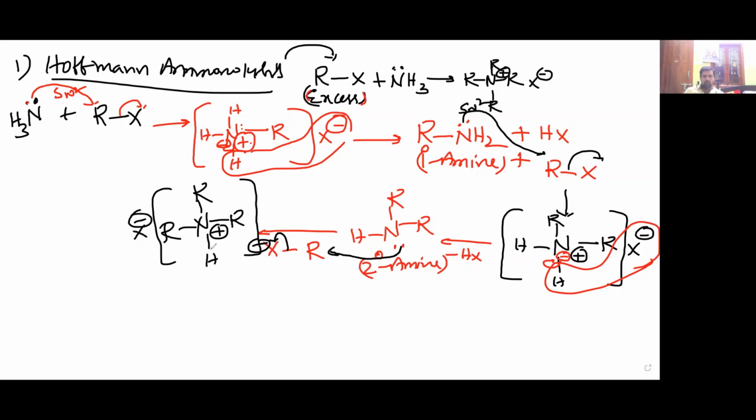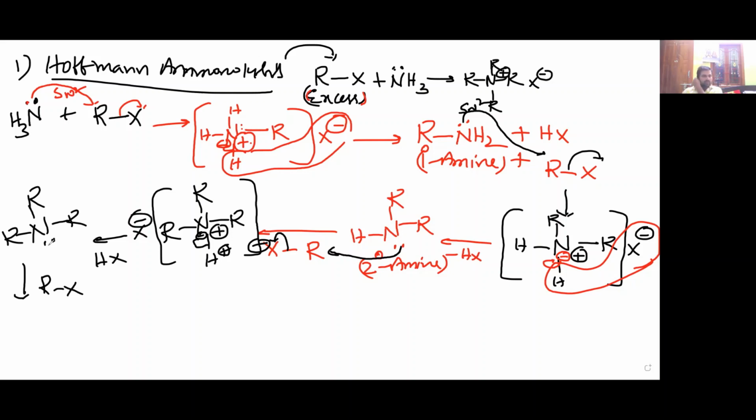Again nitrogen has four bonds, so the bond shifts, HX is eliminated, and you get NRRR, which gets back its lone pair. Once again it reacts with RX, taken in excess.